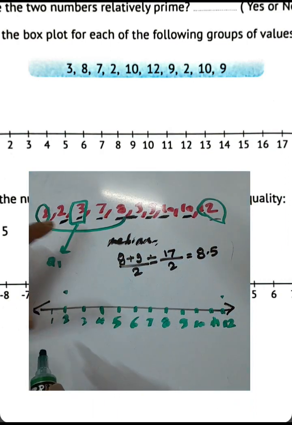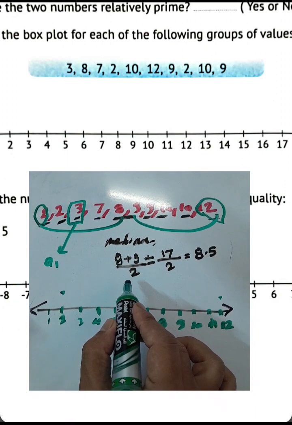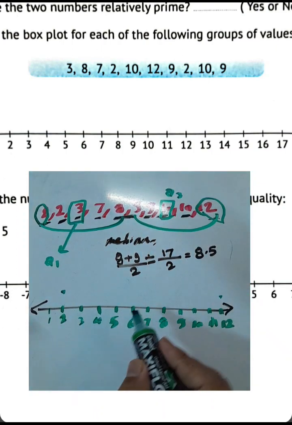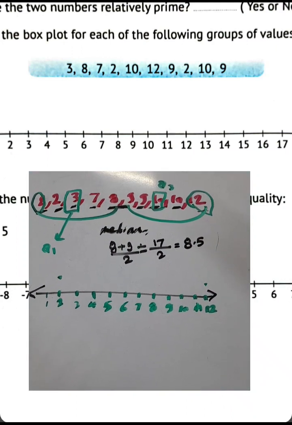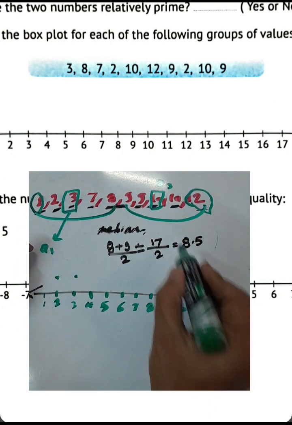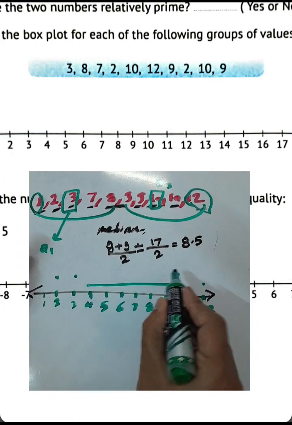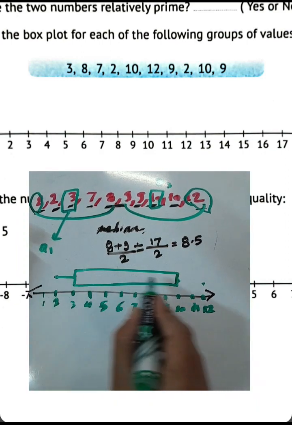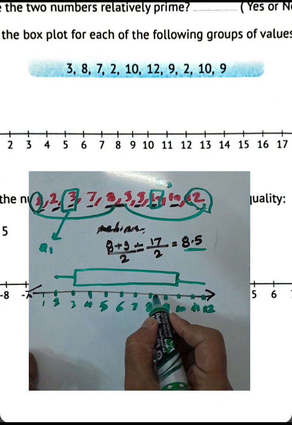It's the lower quartile, and from this part here 10 lies in the middle, then 10 we call quartile 3, the upper quartile. Then the lower quartile was 3 and the upper quartile was 10, and then draw the box here and draw this line going to the median here, 8 and a half.